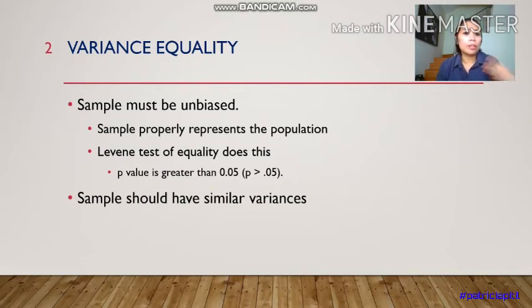The university students will respond differently from the school children. It is very crucial to ensure that the population represents the objective that you want to study, and that the samples have similar variance, meaning they respond with almost similar distribution, so that your population is correct.